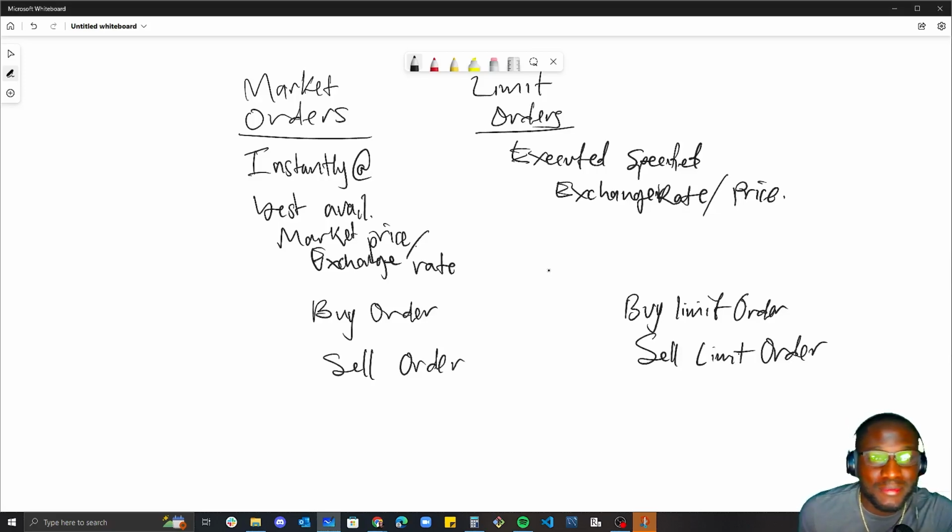This is the difference between market orders and limit orders.